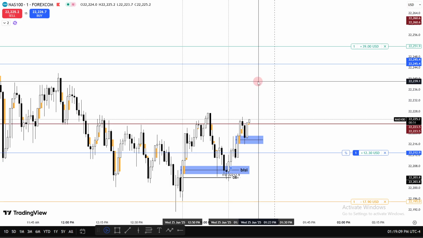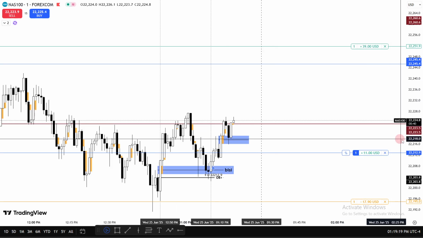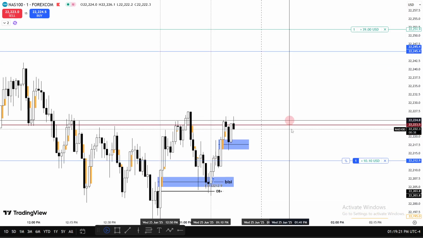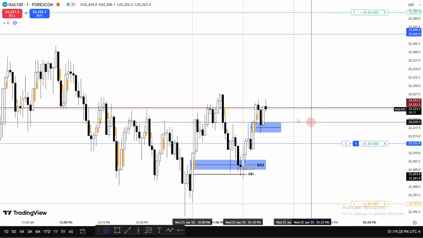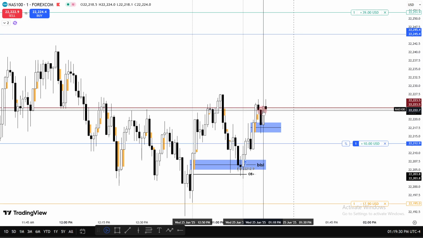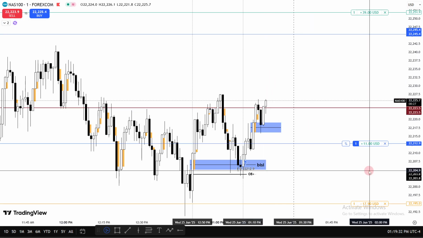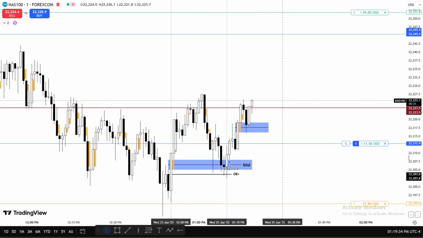Now it should break higher. Let's see, this candle should support the price higher. Yeah, just like that.